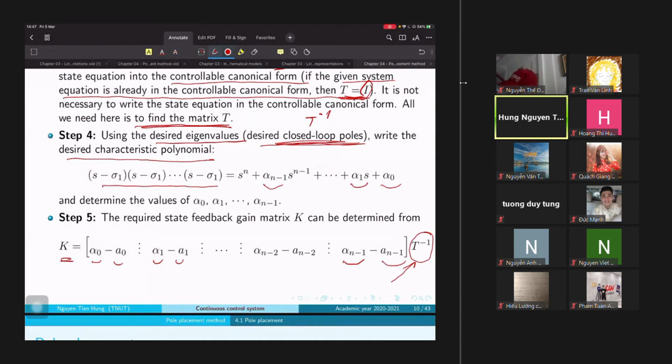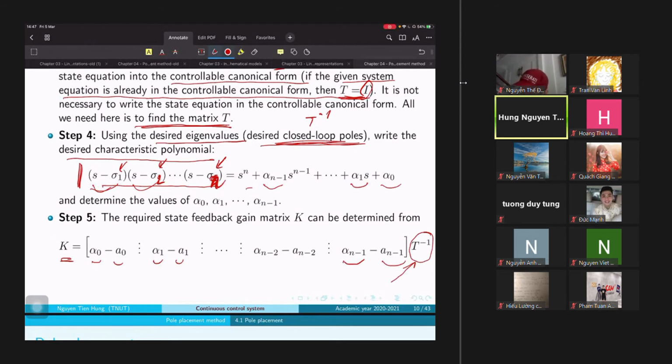And after that, we have the design eigenvalues. Then we take s minus sigma 1, s minus sigma 2, up to s minus sigma n. Sorry, I made a mistake here.